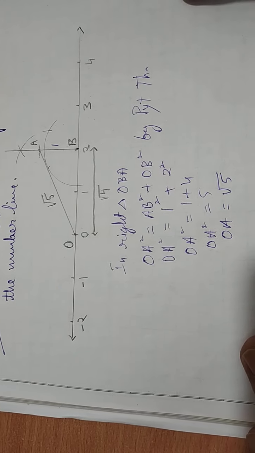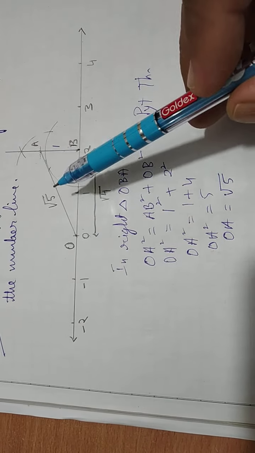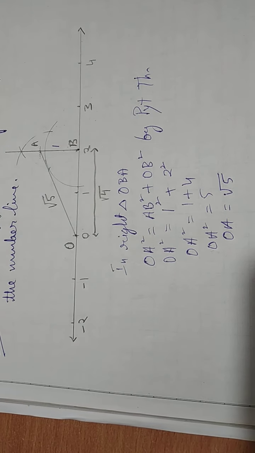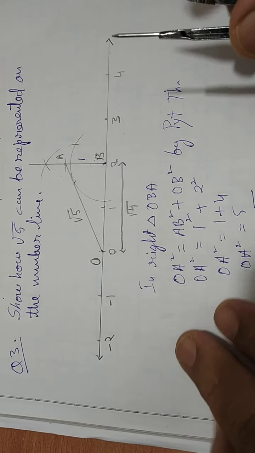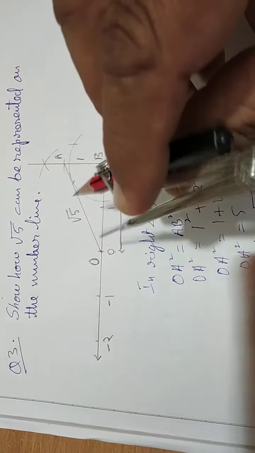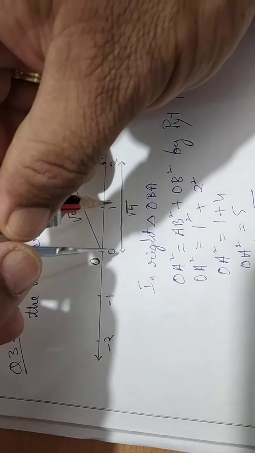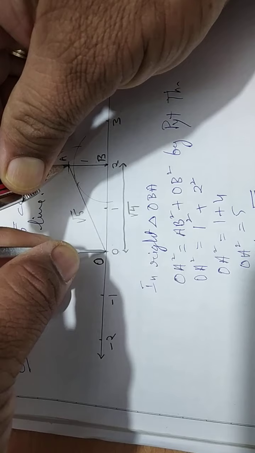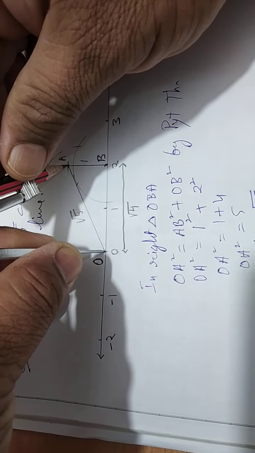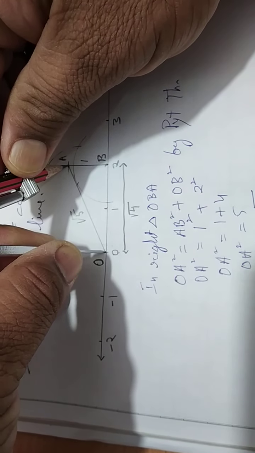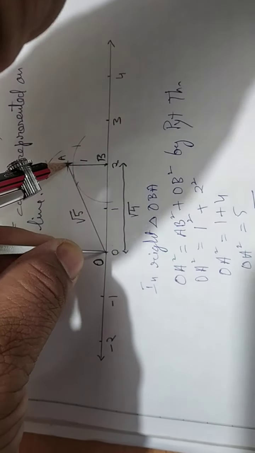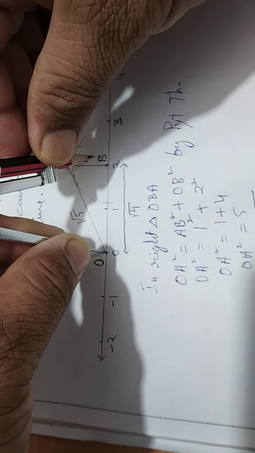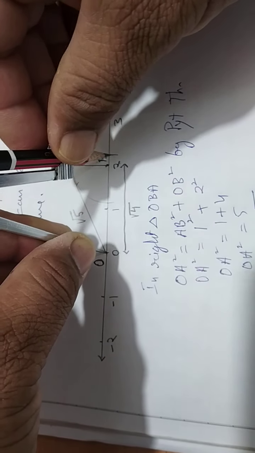Now this is the justification why this length is root 5. Now let us mark this root 5 on number line. So for this you stretch your compass equal to this length. Put it on O and stretch your compass till point A. After measuring it and keeping it on O, just take it down and cut the number line.